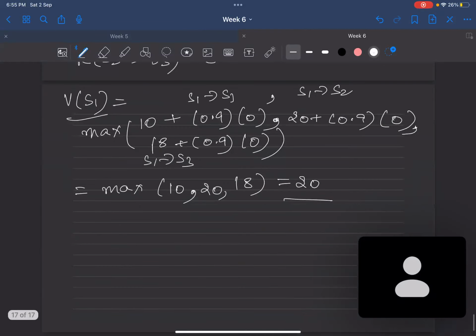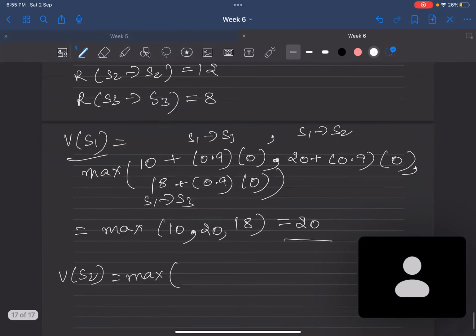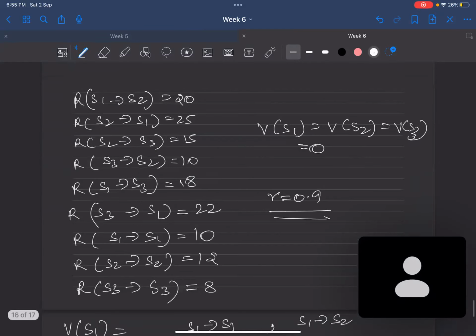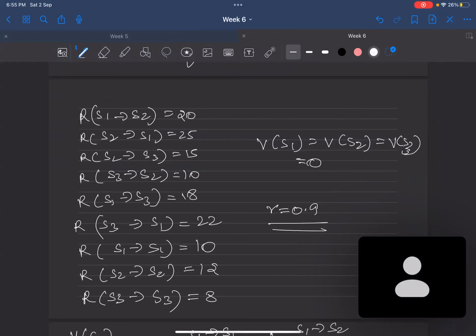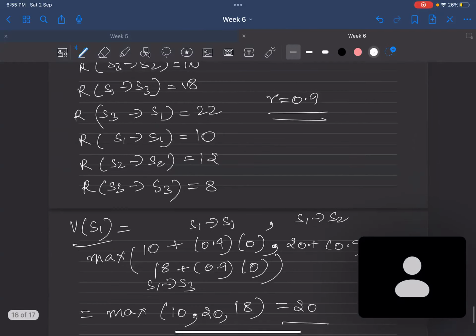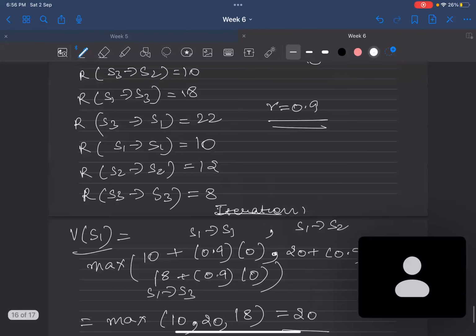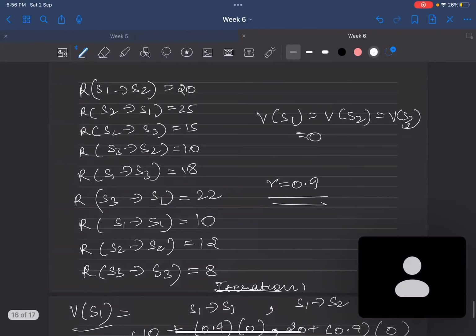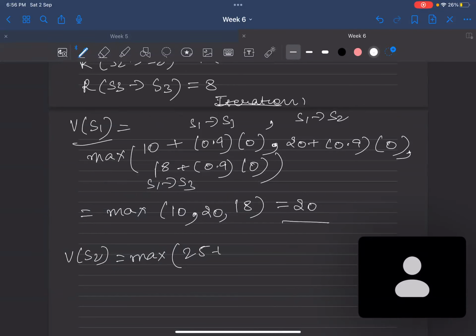V of S2. Now can someone tell me? Let's solve together. Max of, it is iteration 1. S2 to S1 is 25 plus 0.9 times 0. Is it in place computation?